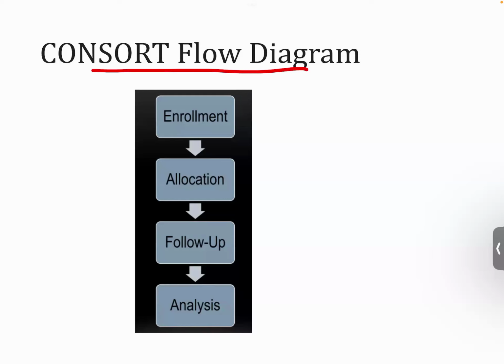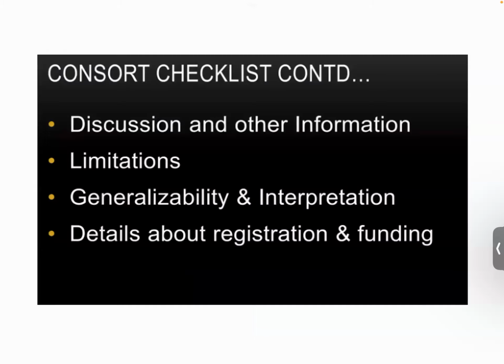Even if you check the CSR, the clinical study report, we follow information in this way: enrollment, allocation, follow-up, and analysis. I don't know if the further slides have an example. Okay, no example.